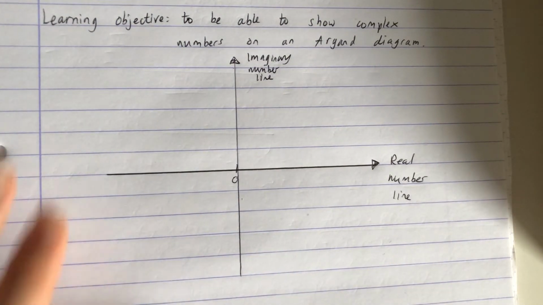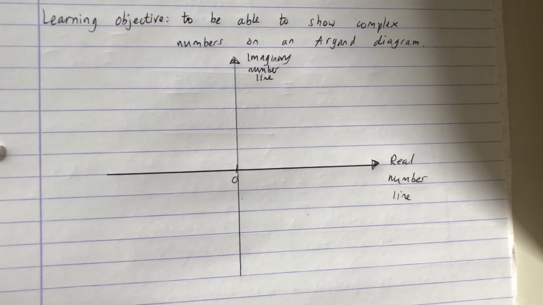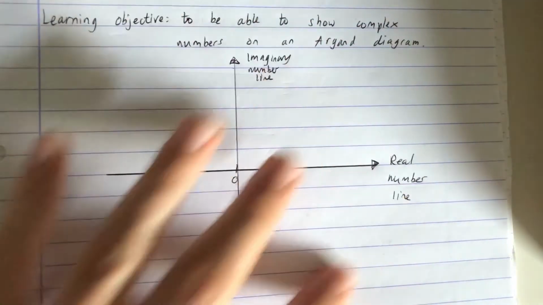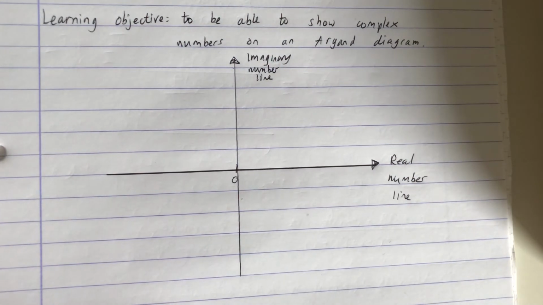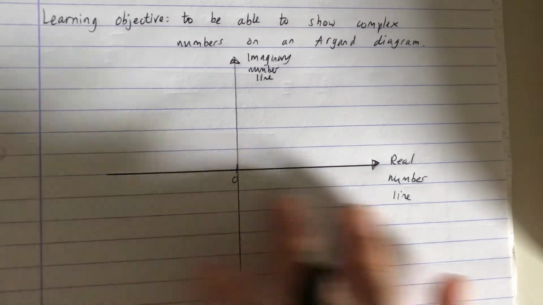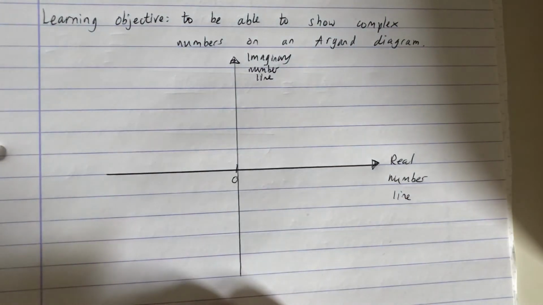And then this entire grid is used to plot complex numbers effectively like you would plot coordinates. Because this is a 2D diagram, complex numbers are two-dimensional. They've got a real component and they've got an imaginary component.